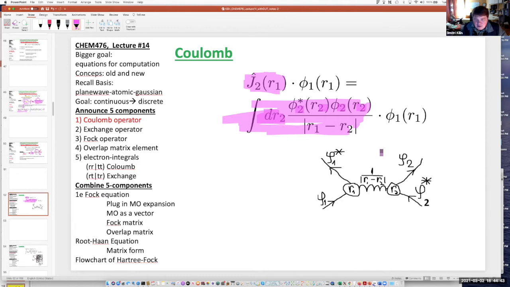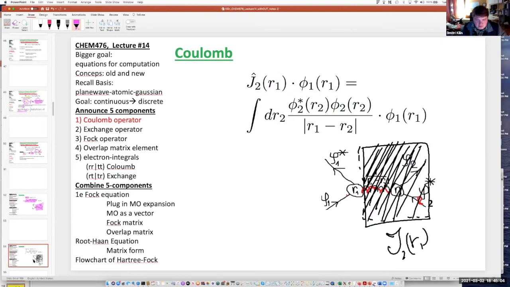So this purple integration over the state of the second electron in this Coulomb thing means that we just cover everything that relates to the second electron by a box. Here I did it in purple, and on the next slide I do it with a black box. So in some sense, electron number 1 is practicing reflection from the black box. So this term J1 is a structureless black box from which electron number 1 is reflecting.